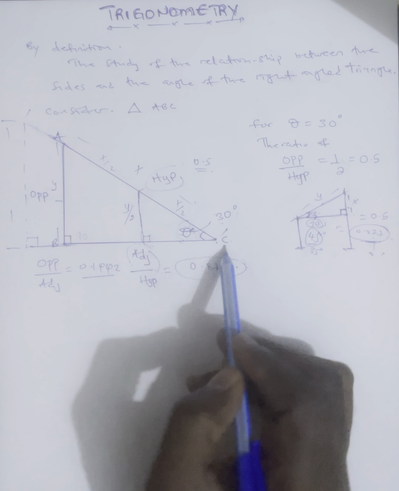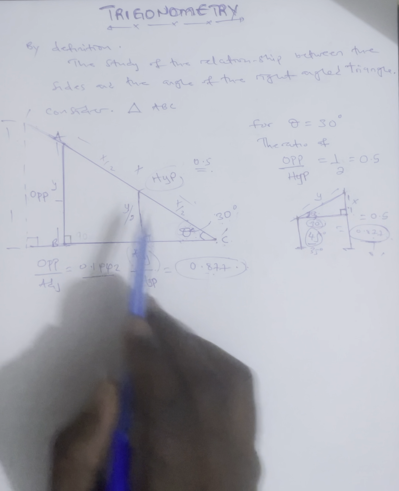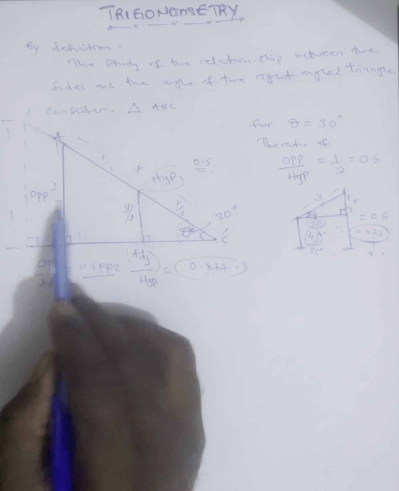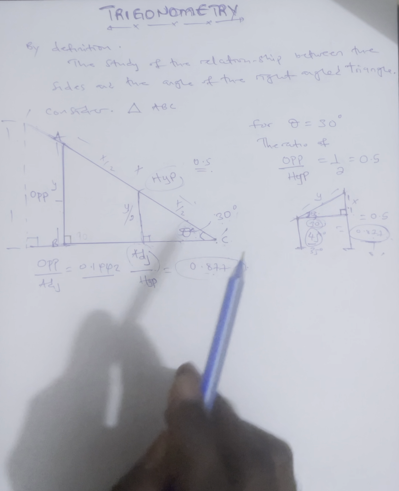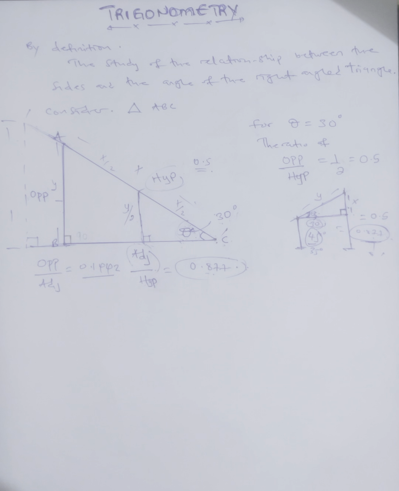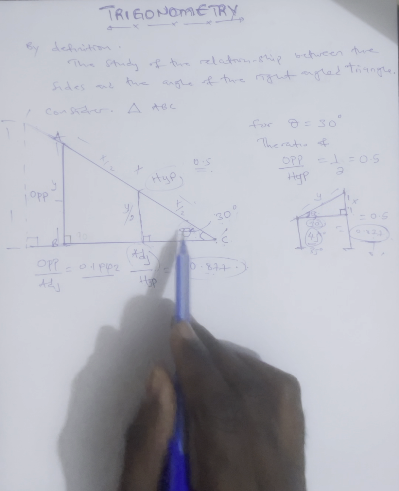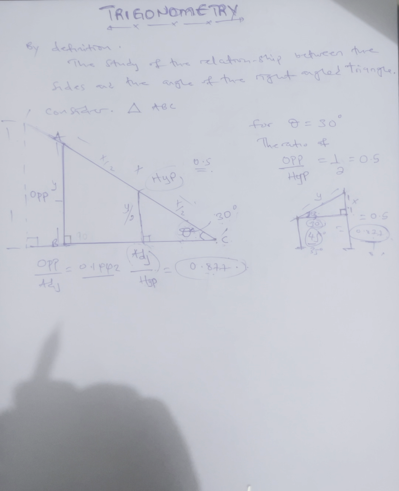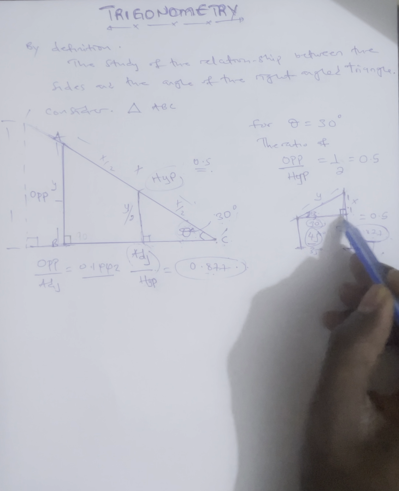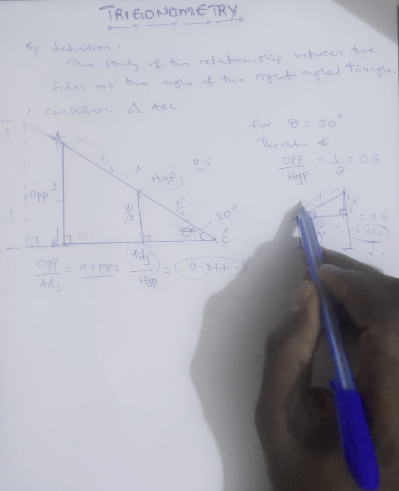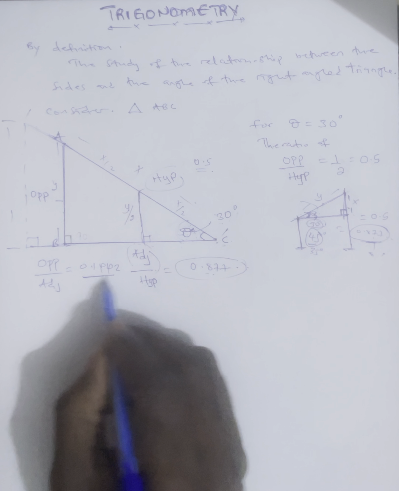If you take this triangle, the ratio of the opposite to adjacent; if you take this triangle, the ratio of the opposite to adjacent; even if you take this one, the ratio of the opposite to adjacent will remain the same for the same angle, for whatever the size of the triangle. Even in the case of the banda la kuku, if the angle is 30, the ratio of the opposite to adjacent side will remain the same.